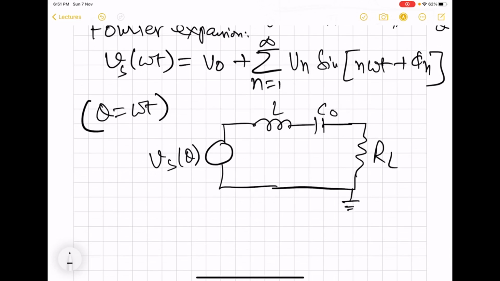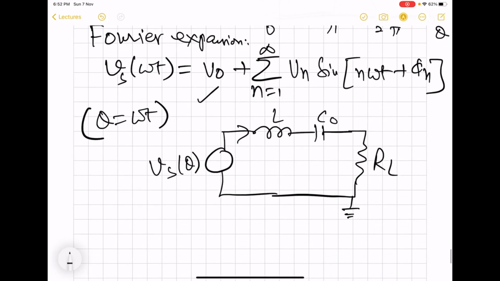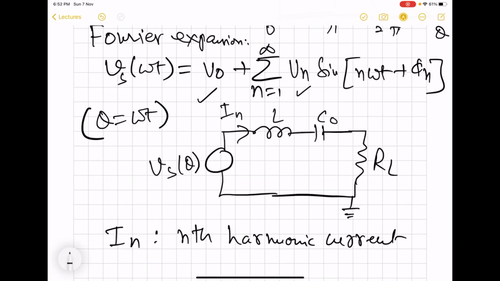So there will be current excited by each of these harmonics into this network. Say In, so In is the nth harmonic current through the RLC0 network.